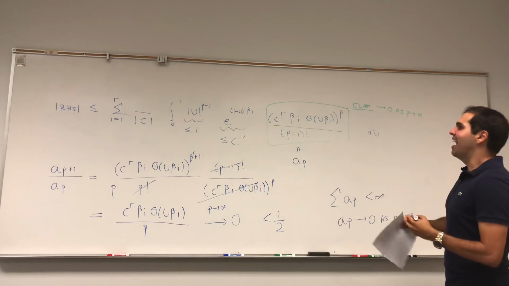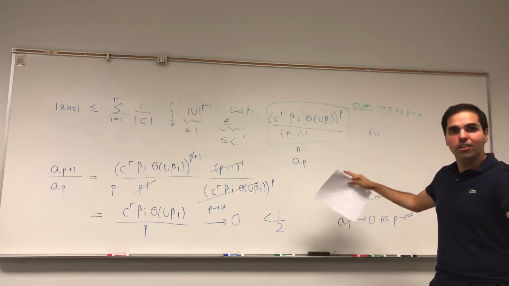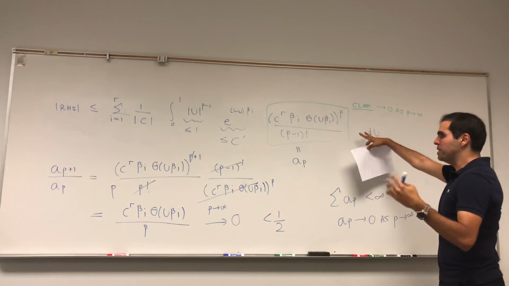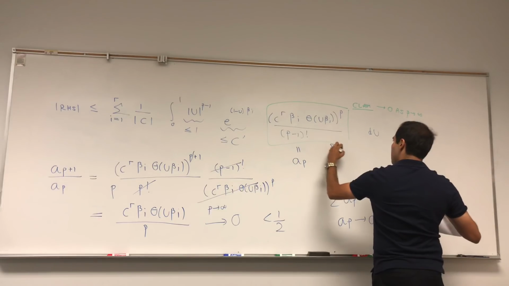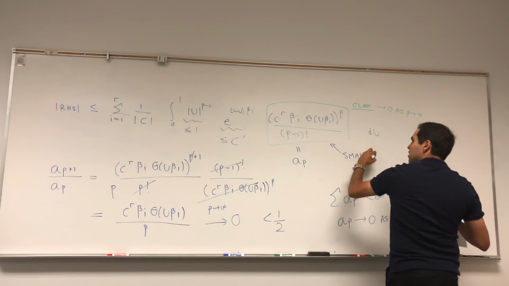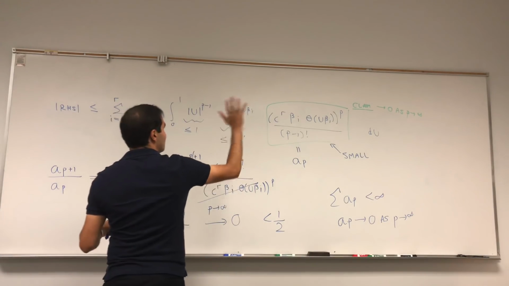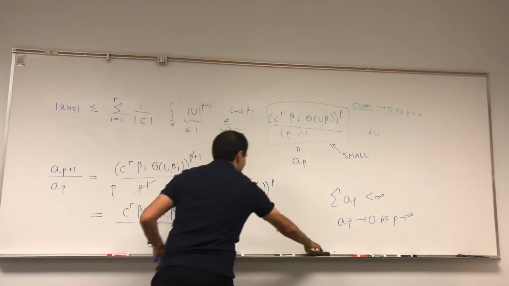But again, we don't want p literally to go to infinity. The point is, you just choose p to be very large to make this very small. And so what you're left with is just some small term times a constant times sums of terms.